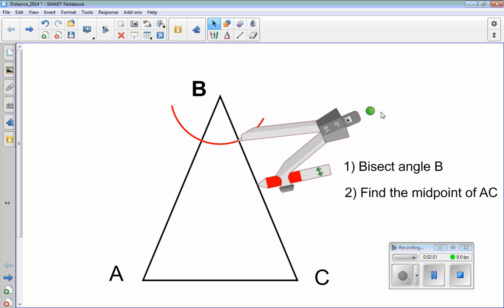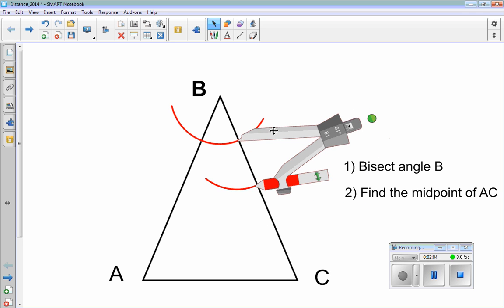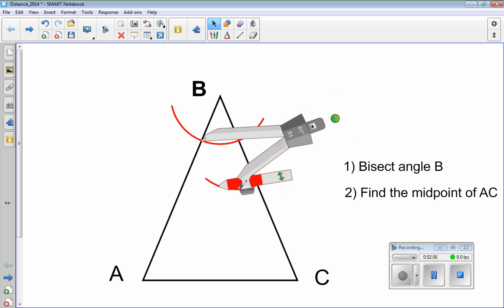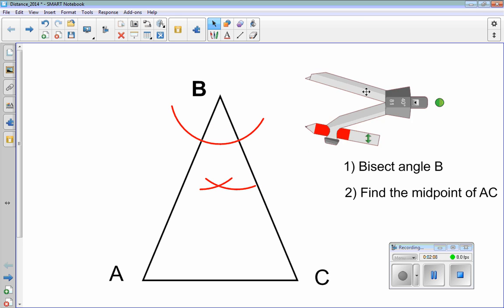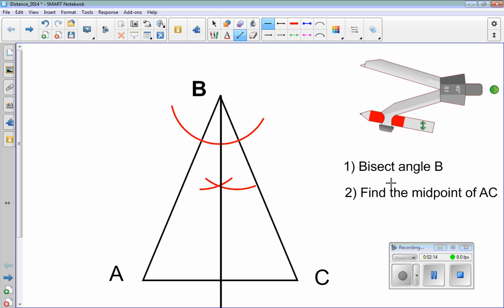You're going to make an arc in the middle of the angle. You're going to move it to the other side and make another arc. And then what do I do at this point? Just connect them. I'm going to connect them all the way down because I've also found the midpoint of AC.